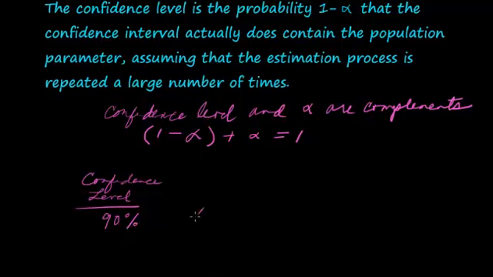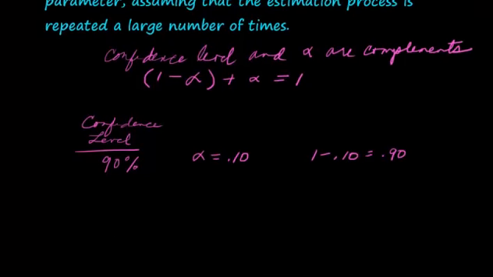So that would mean alpha is 0.10, and we got that 90% by saying 1 minus 0.10 equals 0.90, or 90%.